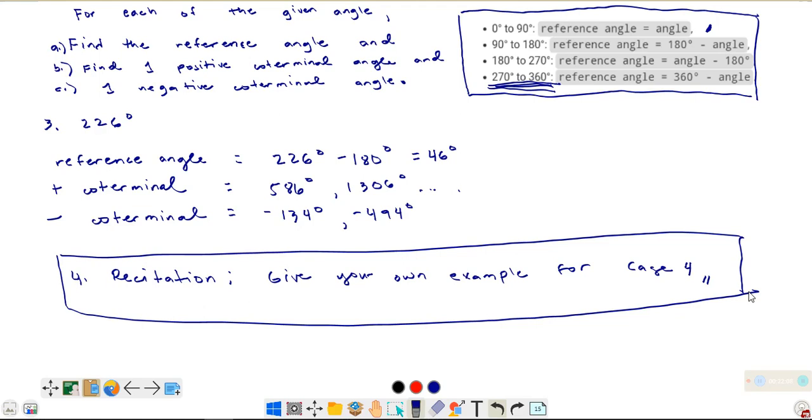Ito lang yung requirement natin for this whole preliminary term for the recitation. Hindi ako magbibigay ng sasagutan. Kayo yung magde-demo sa akin kung paano sinasagutan itong item number 4 or case number 4. So, recitation, give your own example of case 4, angle between 270 and 360 degrees. Find the reference angle and find one positive coterminal angle and one negative coterminal angle.